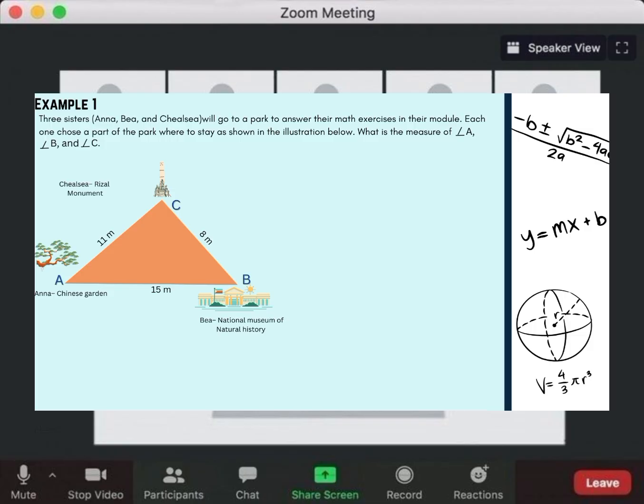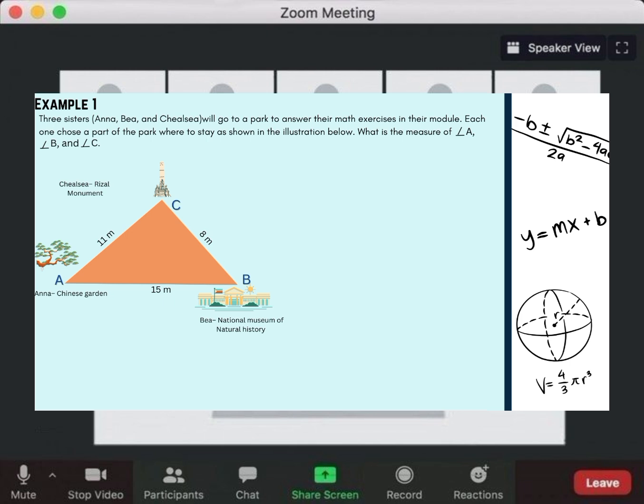Examples in how to solve oblique triangles. Anna, Bea, and Chelsea go to a park to answer their math exercises in their module. Each one chose a part of the park where to stay, as shown in the illustration below. What are the measurements of angle A, angle B, and angle C?